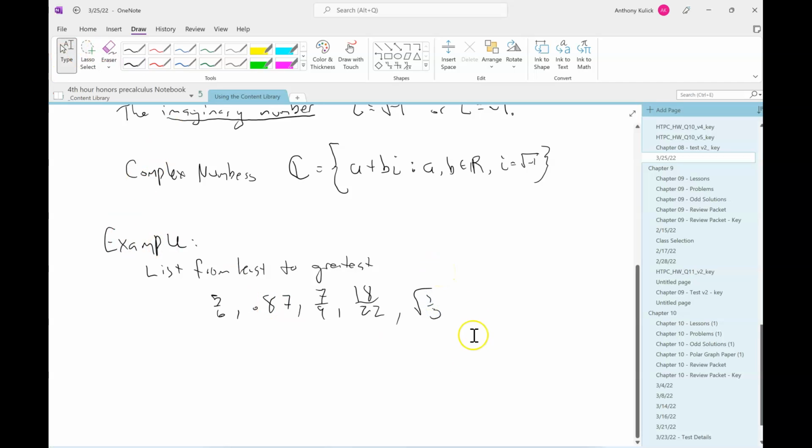How would I figure out what order to write these in? How could I do this? Turn them all into decimals. Yeah, and then we just sort them by the size of the decimal.